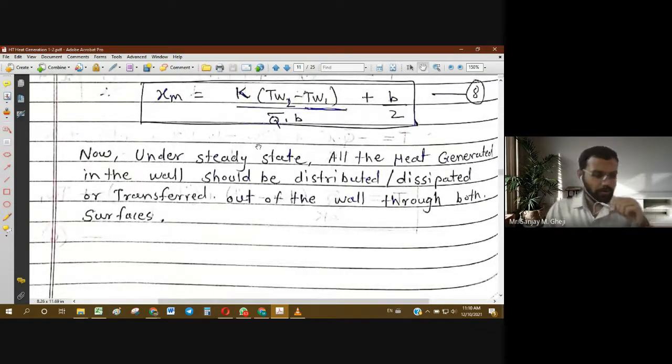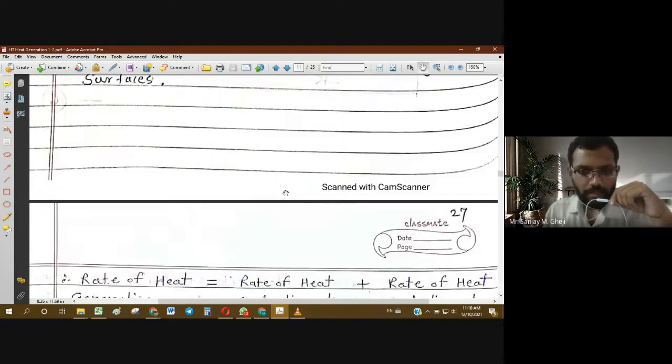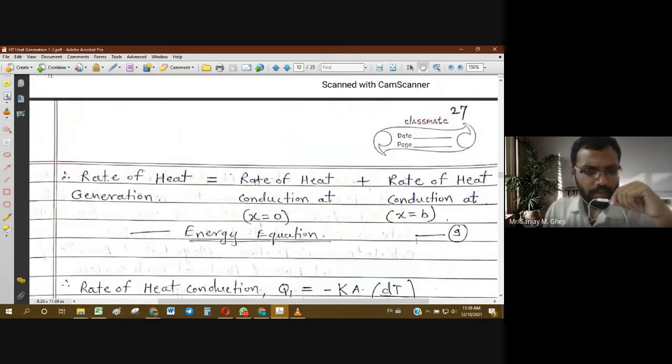Now we want to know what is happening for the heat transfer rate. Under steady state, all the heat which is generated in the wall will be dissipated or transferred out of the wall through both surfaces, and that will be by conduction. So rate of heat generation is equal to rate of heat conduction at x equal to 0 plus rate of heat conduction at x equal to b.